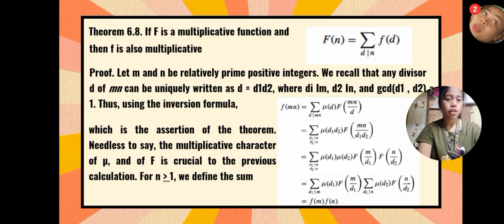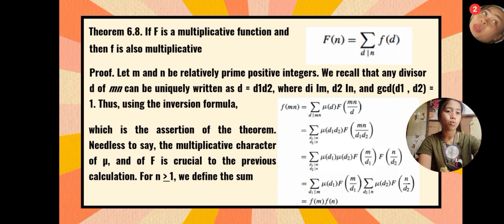Let us prove it. Let m and n be relatively prime positive integers. We recall that any divisor d of mn can be uniquely written as d = d1 times d2, where d1 divides m, d2 divides n, and the GCD of d1 and d2 is 1.